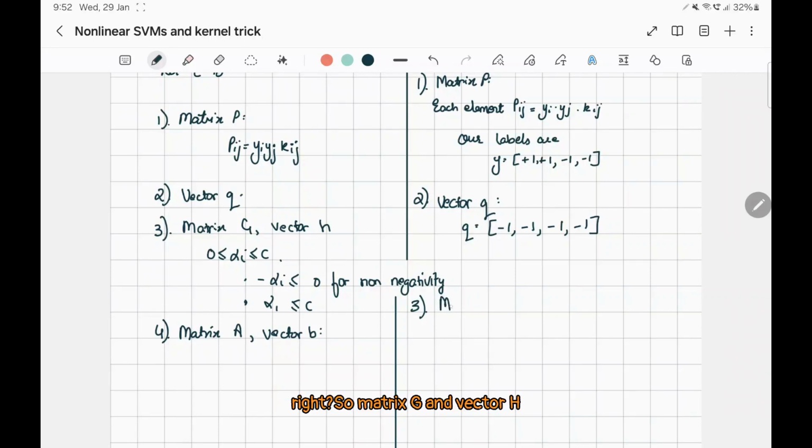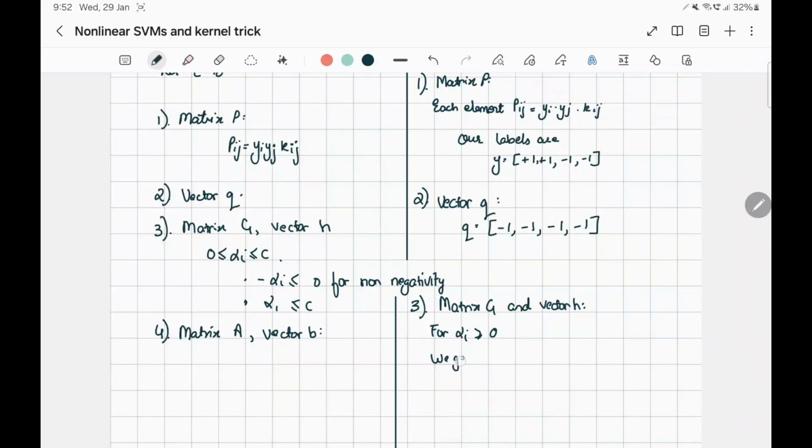Right, so matrix G and vector H. Right, so for alpha i that's greater than 0, we get negative alpha i less than, right? Just multiply both sides by the negative sign.